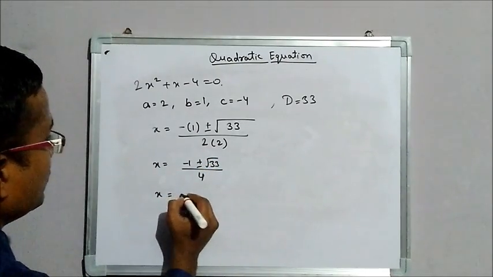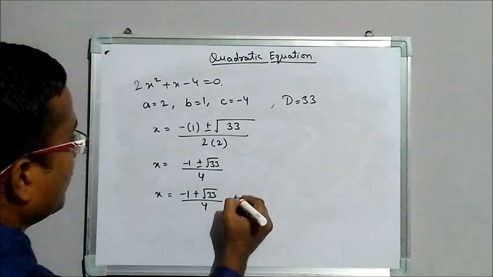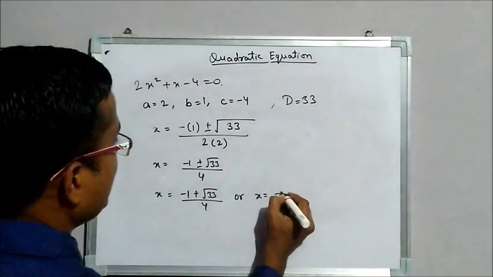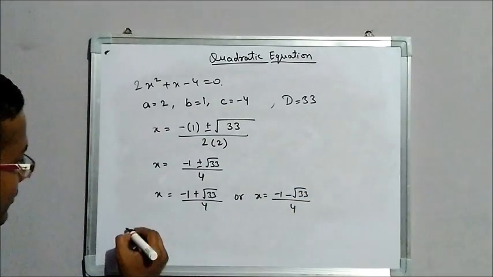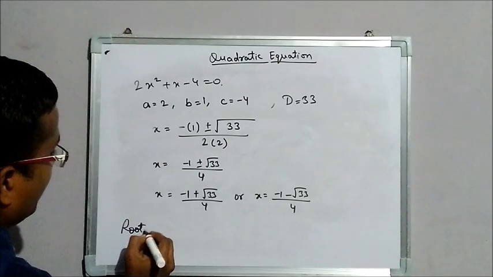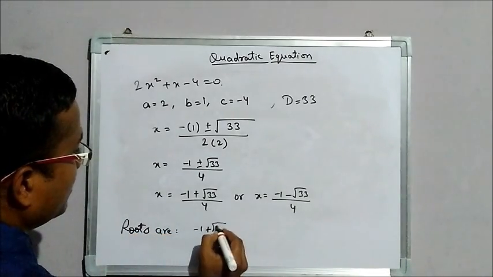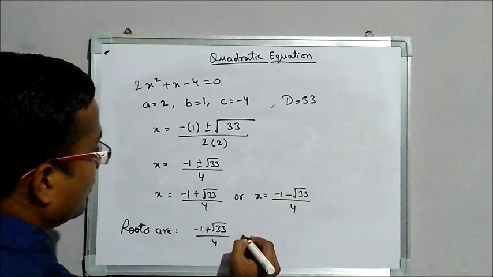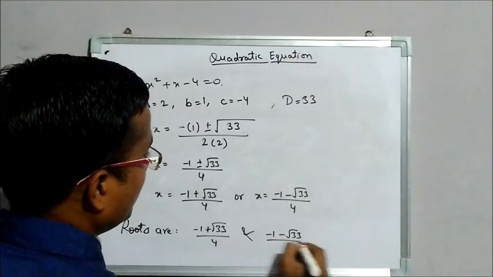So x equals minus 1 plus under root 33 upon 4, or x equals minus 1 minus under root 33 upon 4. So the roots are minus 1 plus under root 33 upon 4 and minus 1 minus under root 33 upon 4.